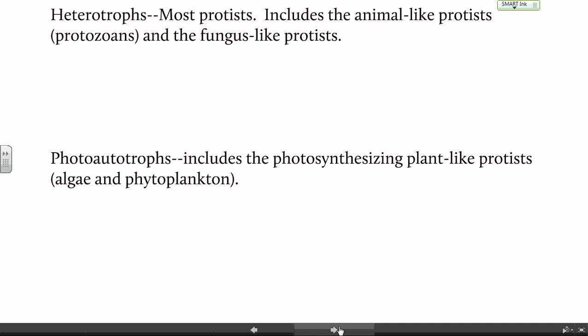In biology, what's phyto mean? It means like a plant. Plant-like. And what's plankton mean? Things that float on the water. So there are plant-like things that float on the water. One of the most important parts of the food chains in the oceans, responsible for probably more photosynthesis than anything else in the world. Phytoplankton.